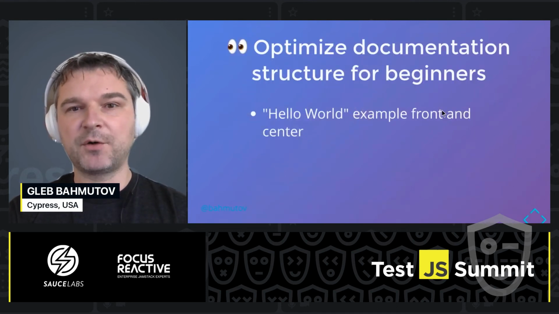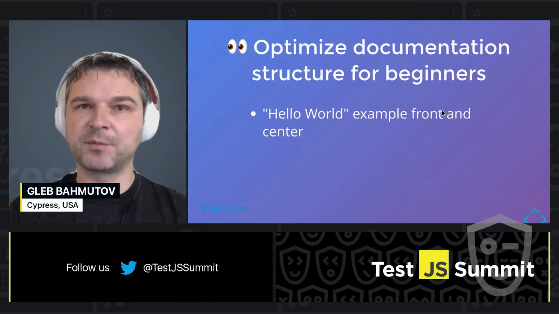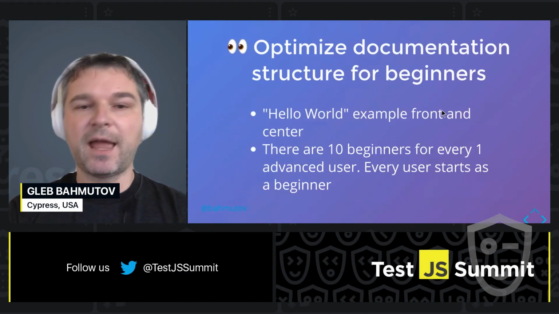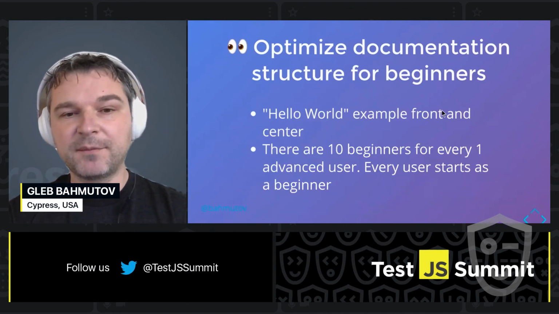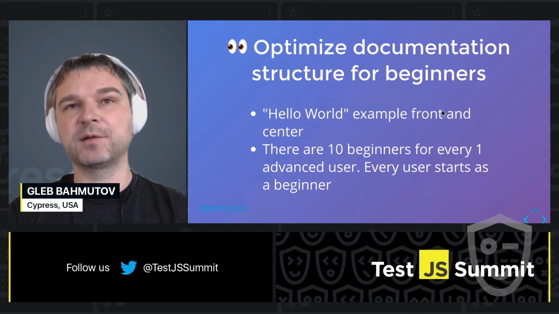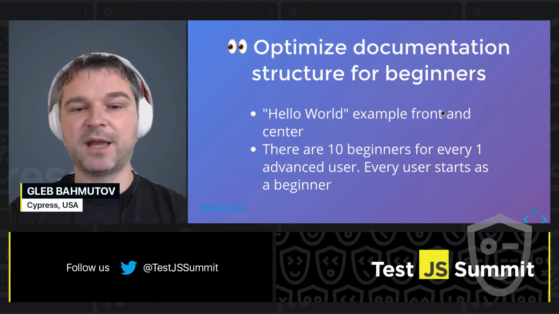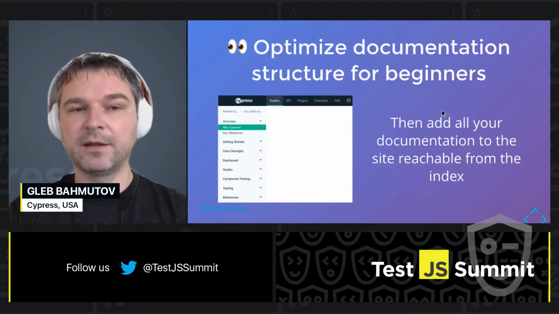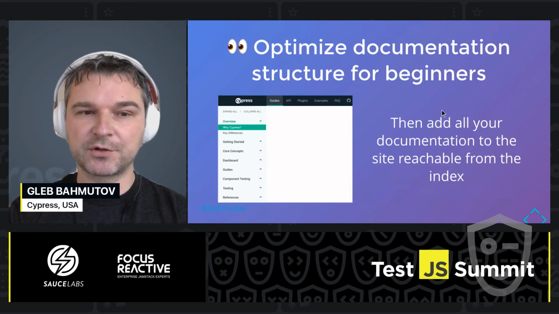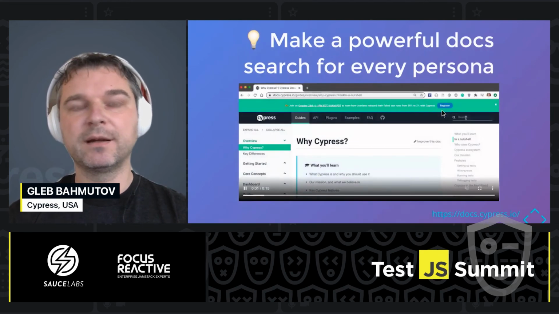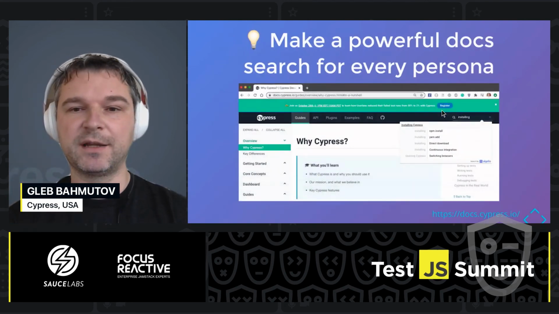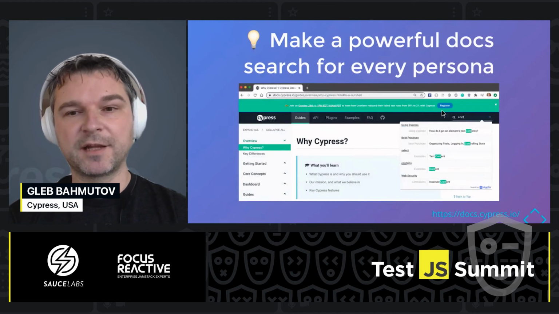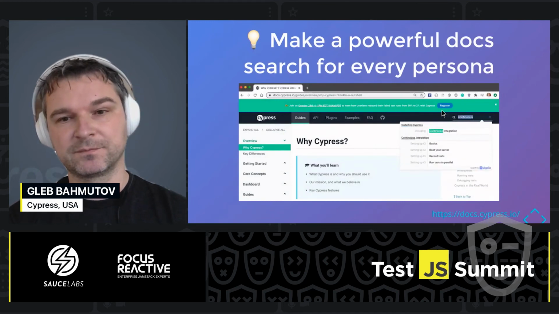We optimize our documentation structure for beginners. We put hello world first, because we think there are 10 beginners for every advanced user. Every advanced user used to be a beginner. And then we add all our documentation to our structure, and we scrape all our documentation, and every answer can be found by search.